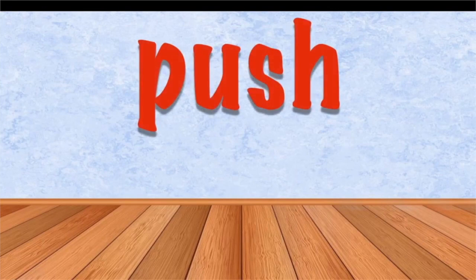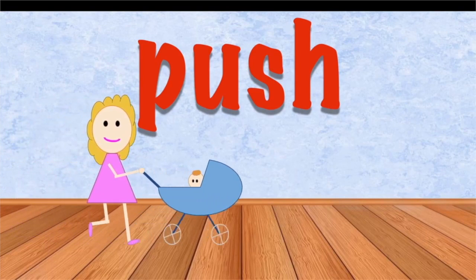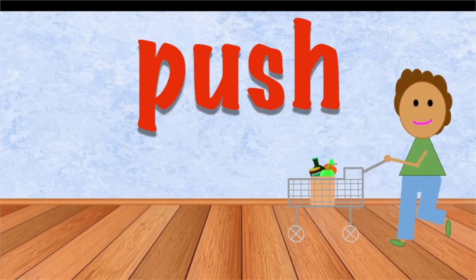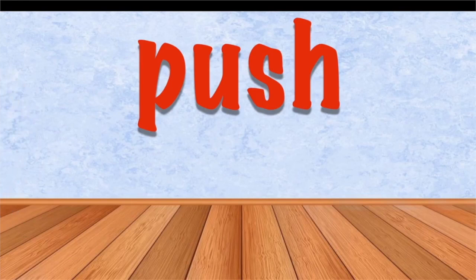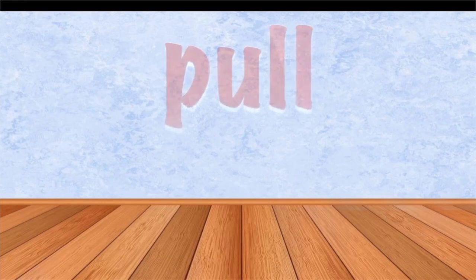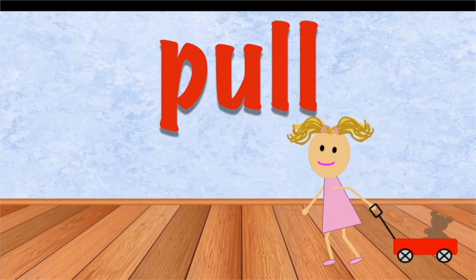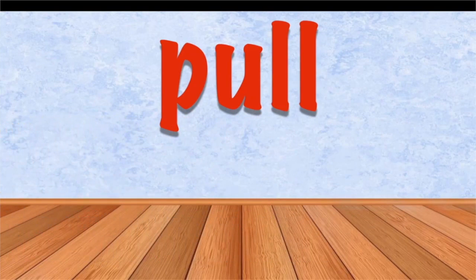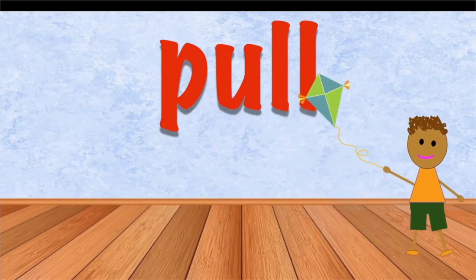Some examples of objects that can be moved using push are pushing a baby stroller, or pushing a grocery cart. Examples of objects that can be moved using pull are pulling a toy wagon or pulling a kite to help keep it flying through the air.